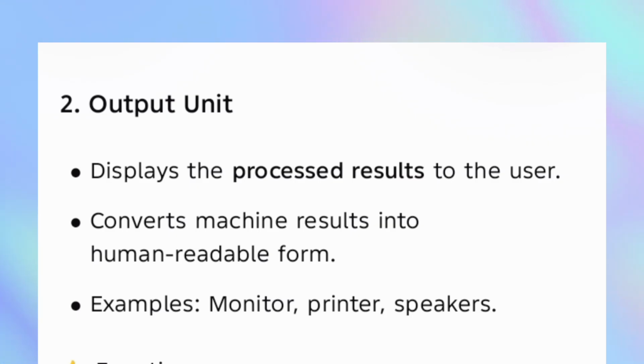Output unit: displays the processed result to the user, converting the machine result into human readable form. Examples: monitor, printer, speaker.